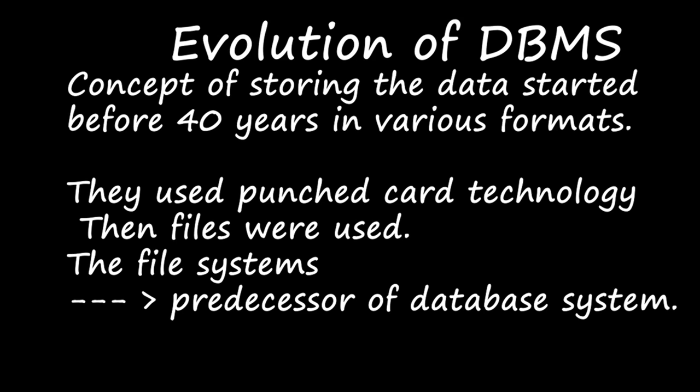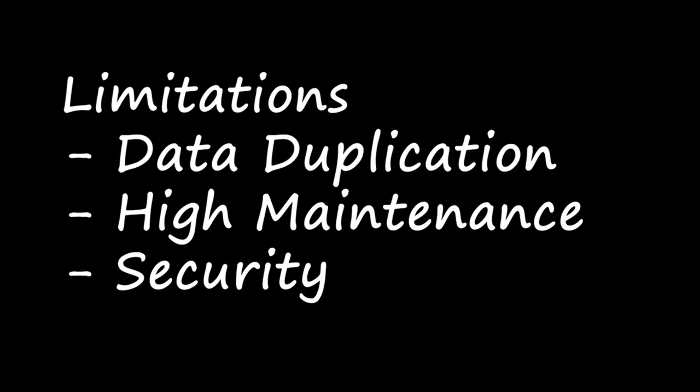After that, files were stored, which are called the predecessors of the database system. Various methods in the file system were used in the olden days. The file system had more limitations, that means some disadvantages also. The disadvantages are data duplication, high maintenance cost, security problems and so on.